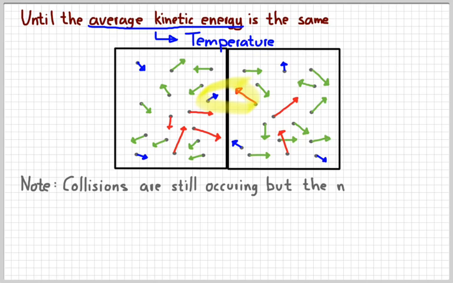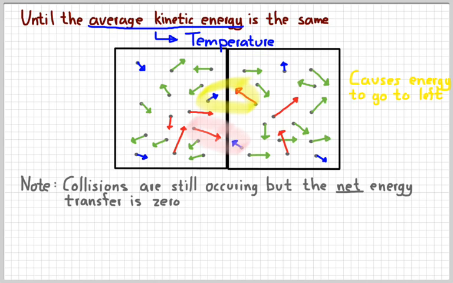However, the net energy change is zero. So for instance, those two are going to collide with each other, which is going to cause energy to go to the right. No, never mind, I was right. It transfers to the left, from high energy to low energy.